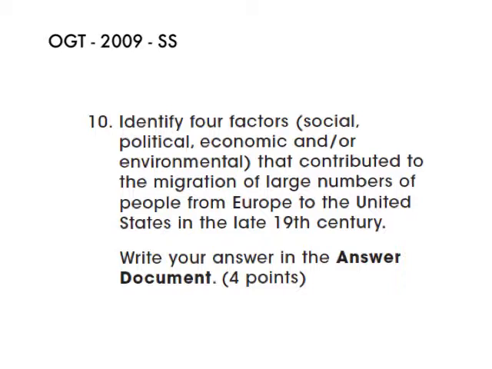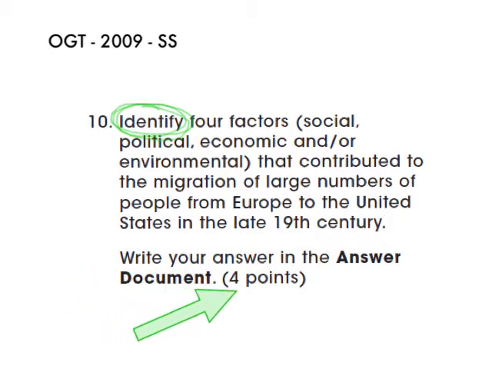On this question from the 2009 OGT in Social Studies, the performance verb is asking us to identify 4 factors, which can be social, political, economic, and/or environmental, that contributed to the migration of large numbers of people from Europe to the United States in the late 19th century.